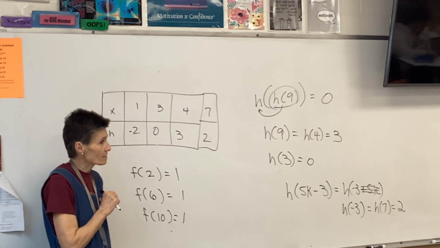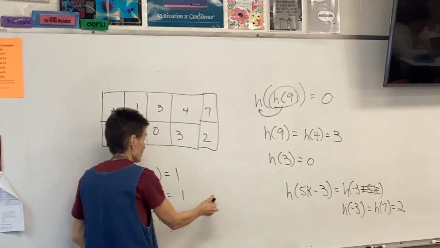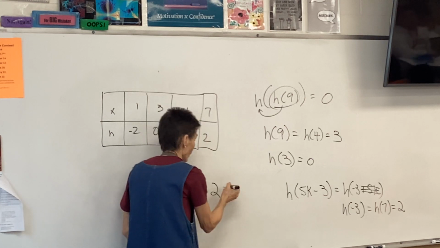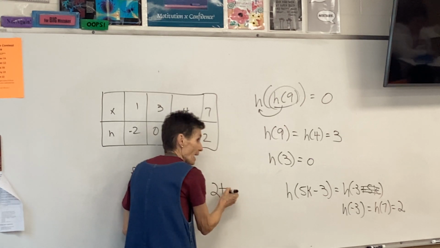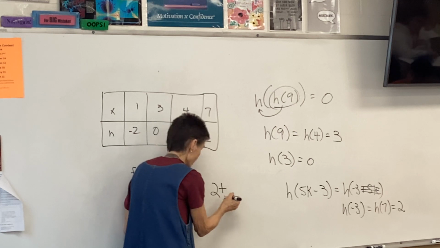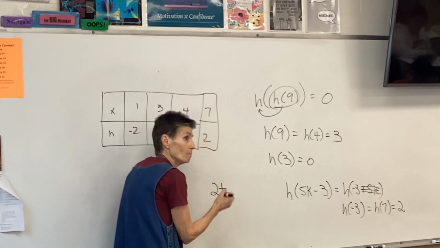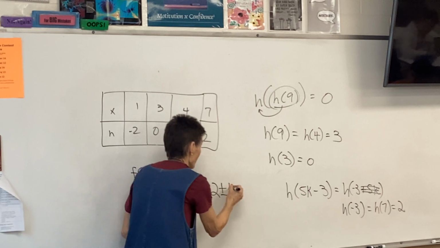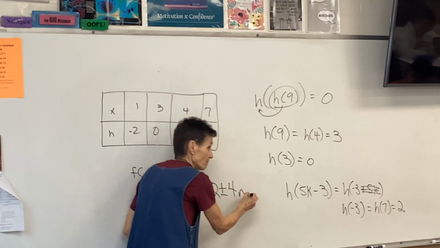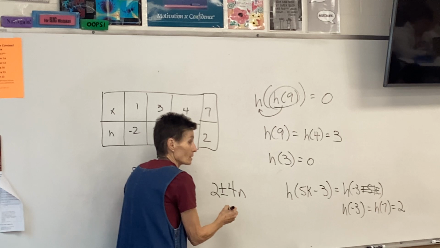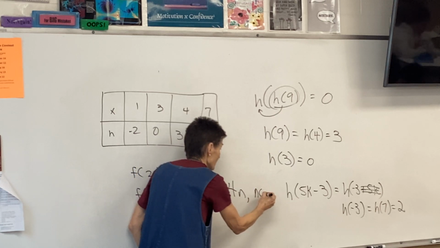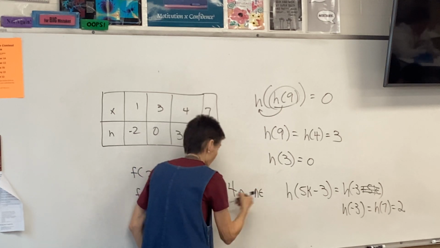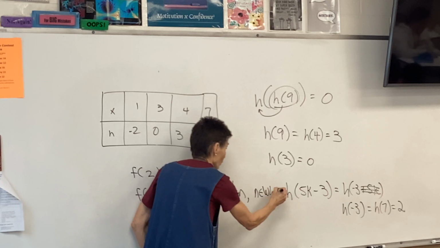Come on, you know this. We're starting with 2. And what are we doing? We are adding or subtracting multiples of 4. So maybe 4n. And n is, if this is the way you set it up, n would be a whole number.